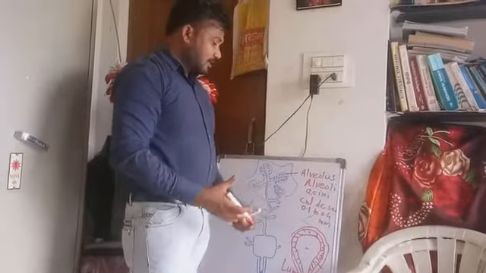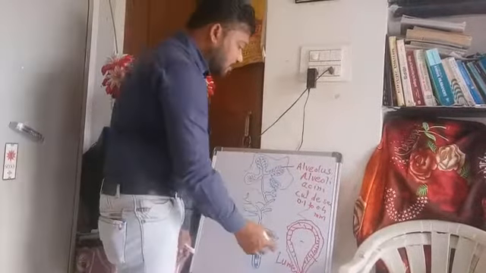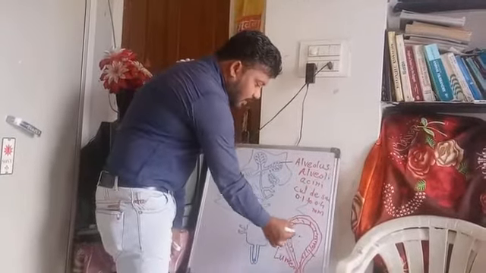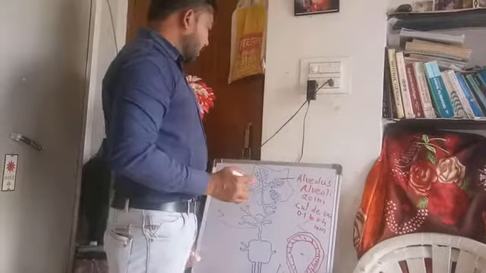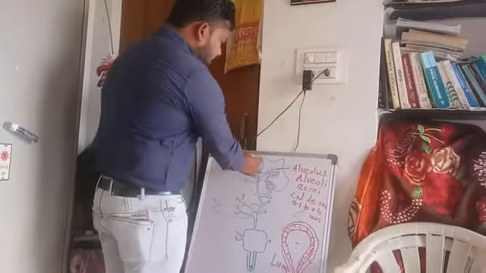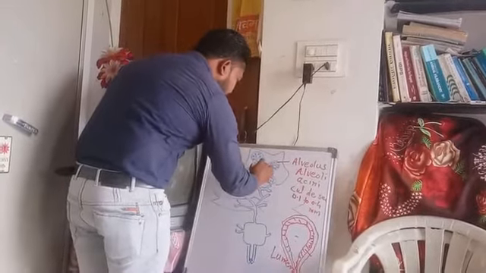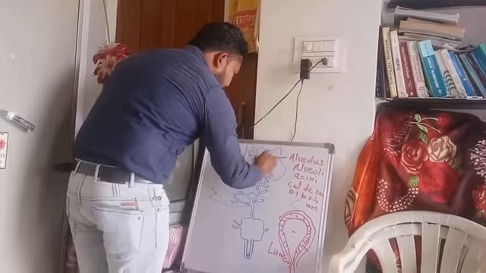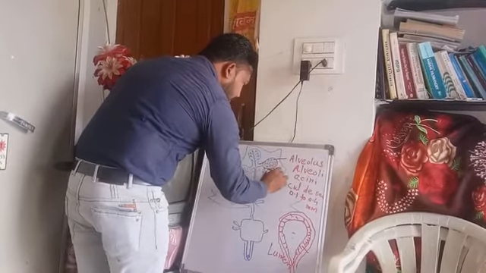Because of the pressure, the alveolus contracts, and because of the contraction, whatever milk is stored inside the lumen is drained out. Such alveoli are present inside the lobule. This portion is called a lobule.